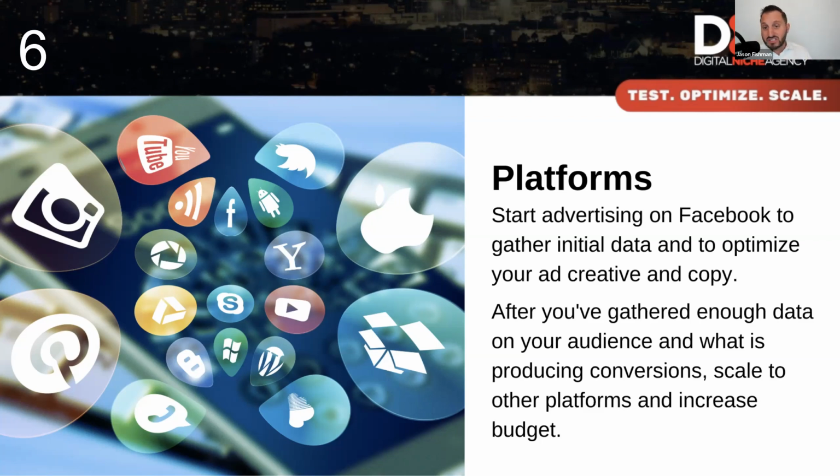Once you've got enough data and know that the landing pages and the conversions are working, you can start to scale to other platforms and increase budget. But my recommendation is always start with 1, maybe 3 platforms, but a limited focus of platforms until you have those working, then taking it over to other arenas.